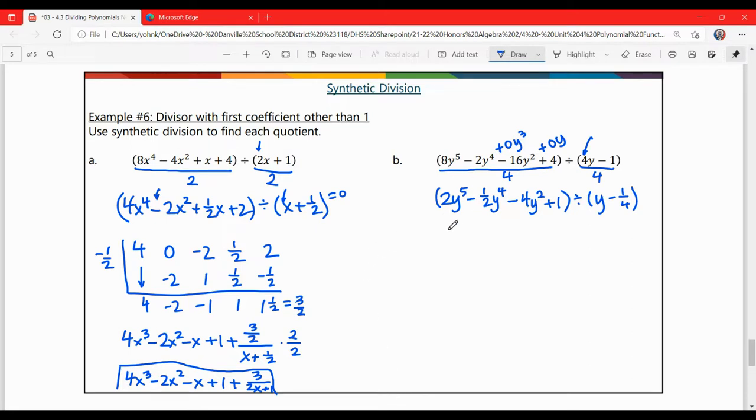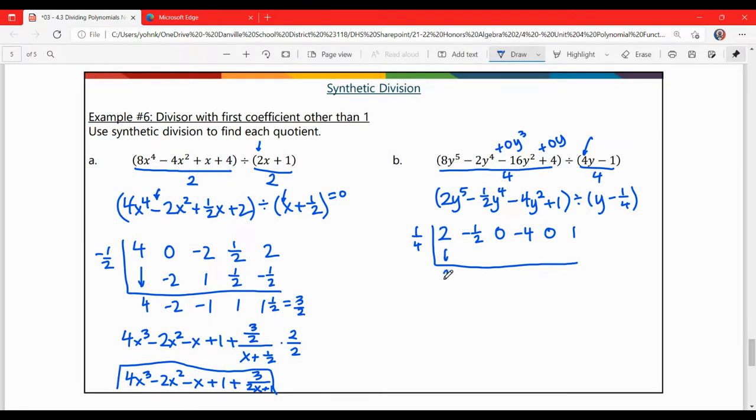All right, so grab our coefficients, 2, negative 1 half, 0, negative 4, 0, and 1. And we're dividing by a positive 1/4.